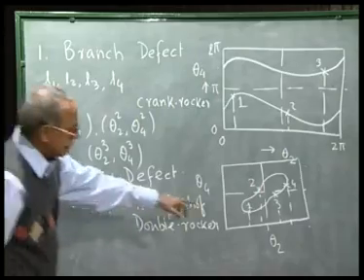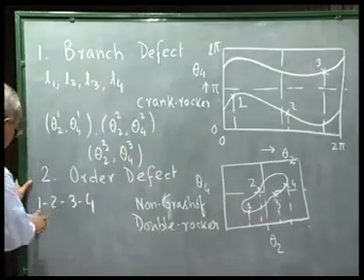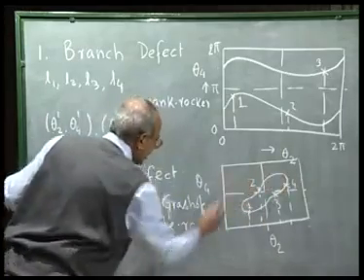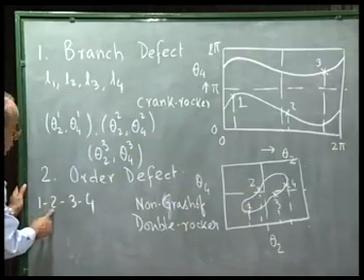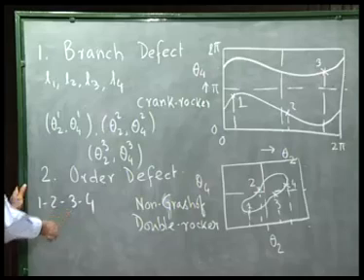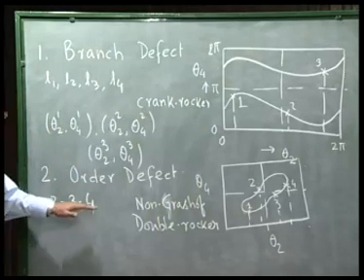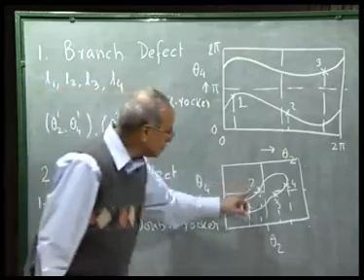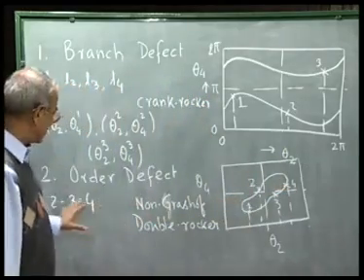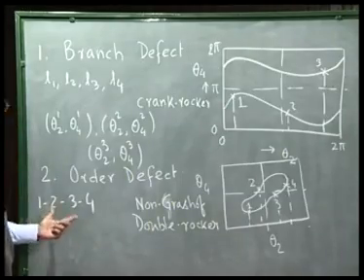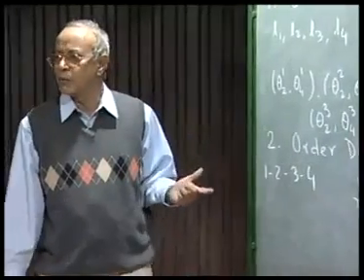If I rotate it this way, I am getting 1 to 3 to 4, then back to 2, and if I drive it the other way, then it is going from 1 to 2 to 4, then to 3. So, if we want these 4 positions to be taken up sequentially in this order, then this mechanism, though theoretically satisfies the 4 configurations, will not be of any use, because these 4 positions will not be taken up in the proper order.